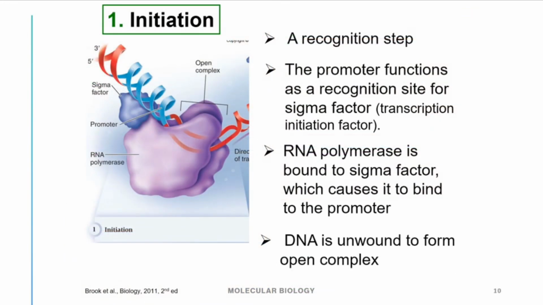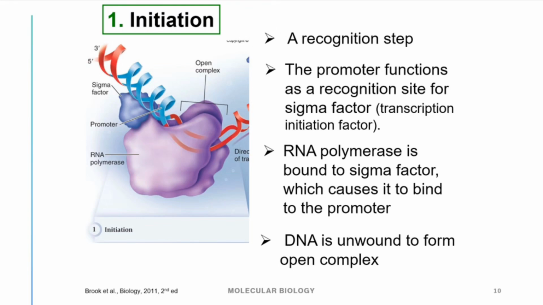Okay, so let's take a deeper look into the 3 steps of transcription. We'll start from initiation. It is actually a recognition step where the promoter region of the DNA, which is upstream of the protein coding region of the gene, will function as a recognition site for the sigma factor, which is a transcription initiation factor.